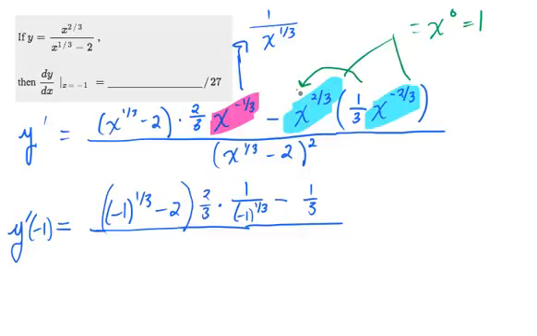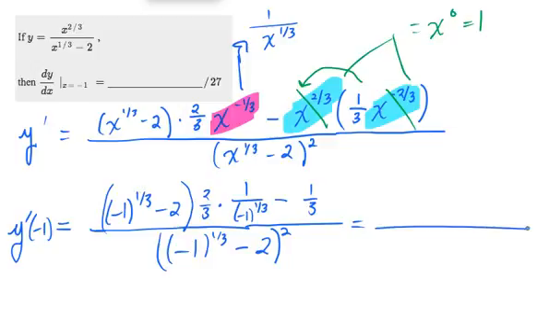Let's do a different color here. There we go. And then in the denominator we have negative 1 to the 1/3 minus 2, and that is all squared. So now we just have to compute this number. So something to the 1/3 means cube root. So this means cube root of negative 1. The cube root of negative 1 is negative 1 because negative 1 cubed is negative 1.